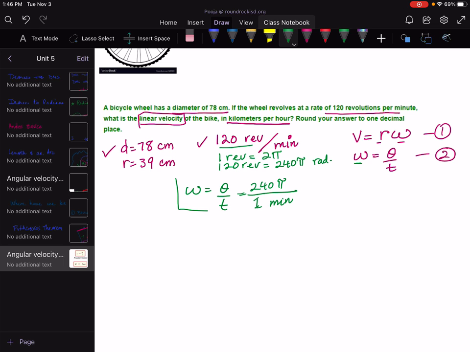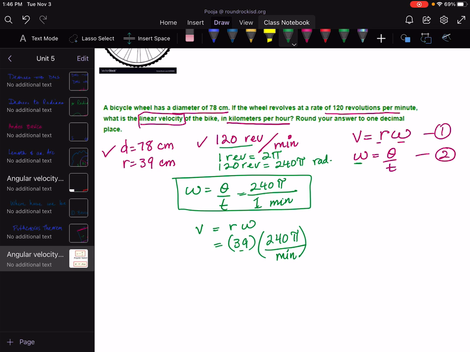Okay, I found omega. Now you can go ahead and do 240 times pi and get the answer here, but I would just do it at the end. Now that I have angular velocity, I can use that first formula. Radius is 39, and angular speed is 240 pi. In the denominator we have minutes, and also notice R was given in centimeters, so it's 39 centimeters.